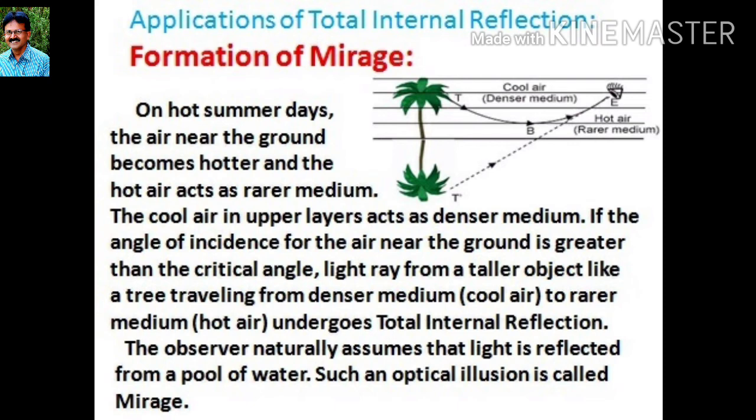If the angle of incidence in the air near the ground is greater than the critical angle, a light ray from a taller object like a tree, traveling from denser medium to rarer medium, undergoes total internal reflection. The observer naturally assumes that light is reflected from a pool of water. Such an optical illusion is called mirage.